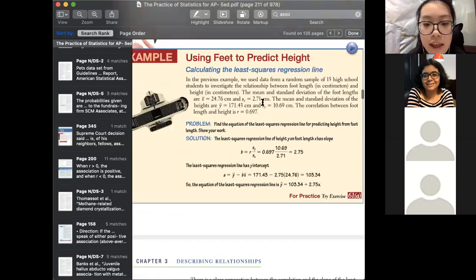You can see in this example we are given the standard deviation of x and y, and we are given the correlation coefficient, so we can calculate the slope. And we have our predicted value, and we can get the result of the slope times our x, so we can actually calculate it.